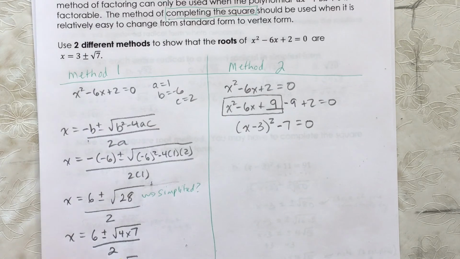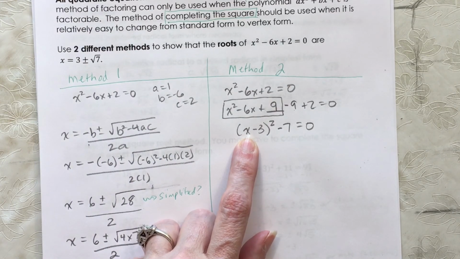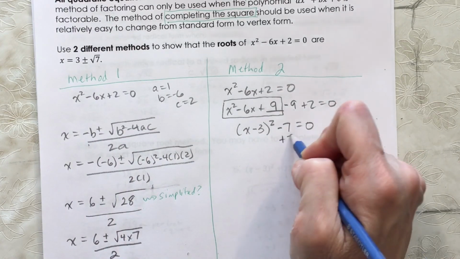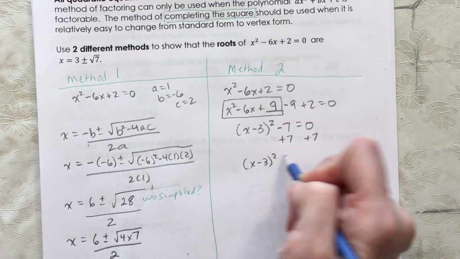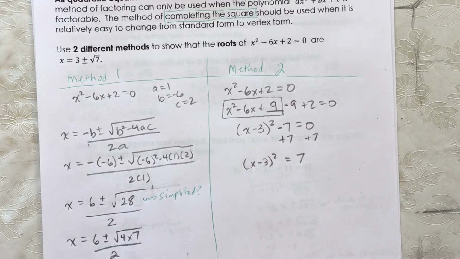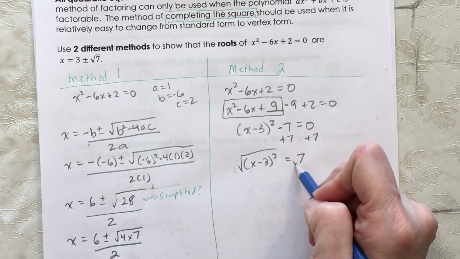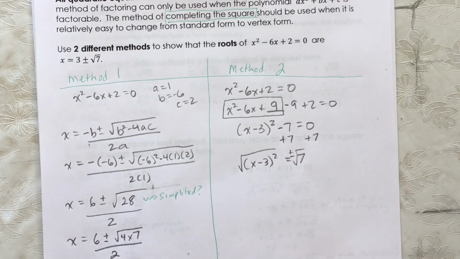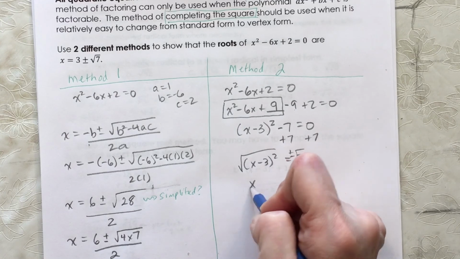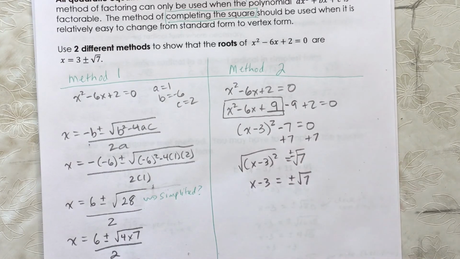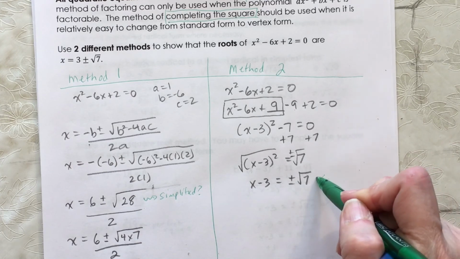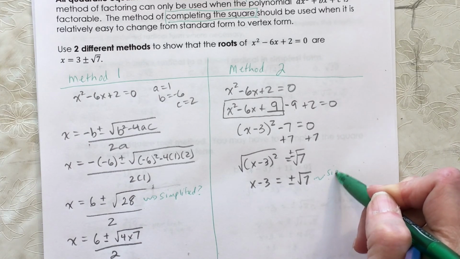So now x is only in one spot, so I can use reverse BEDMAS to solve. So I'm going to add 7 to both sides. Square root both sides. Don't forget the plus or minus on the right. Then I would check to see if root 7 could be simplified.